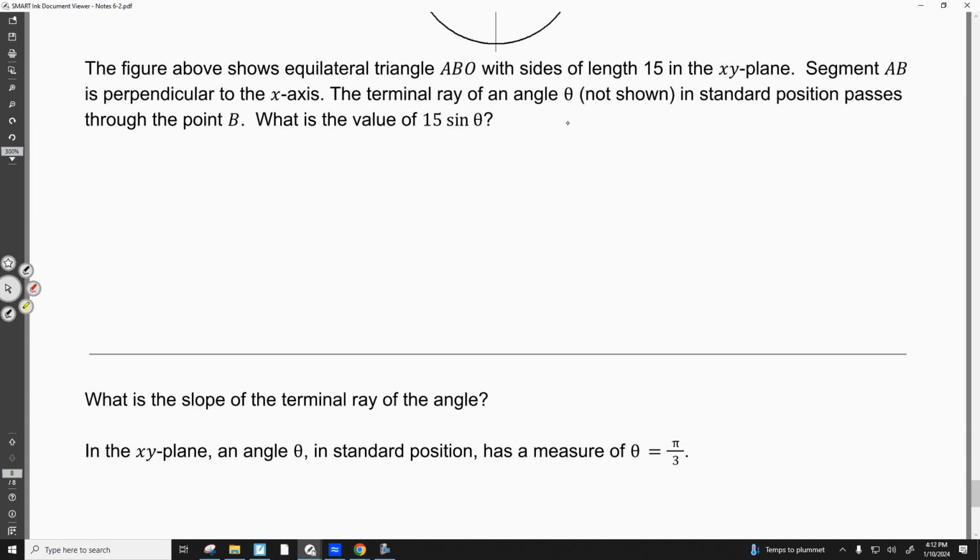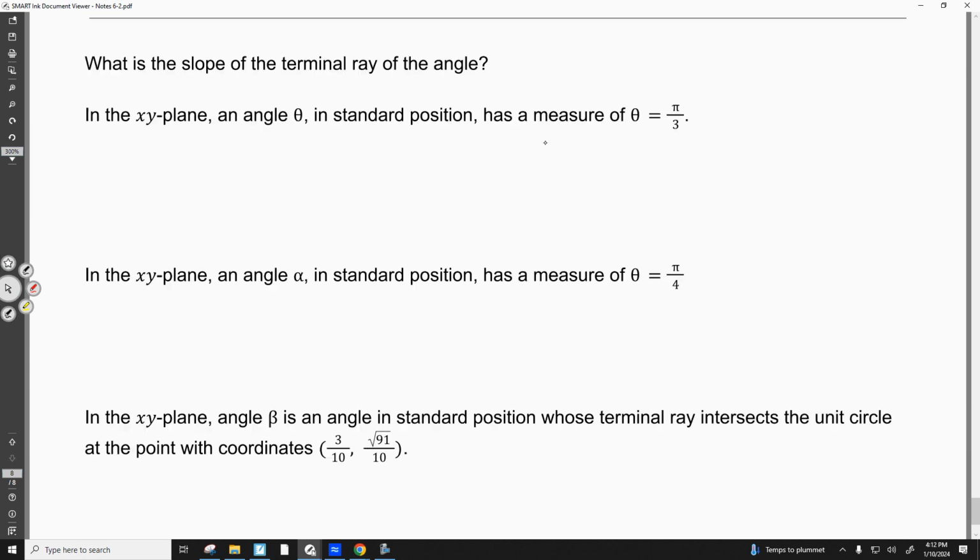The extra examples, this is a good one. It's just another extension of what we've already done, just looked at differently. What is the slope of the terminal ray of the angle? If you have an angle in standard position with theta equal to pi over 3, what is the slope of the terminal ray?